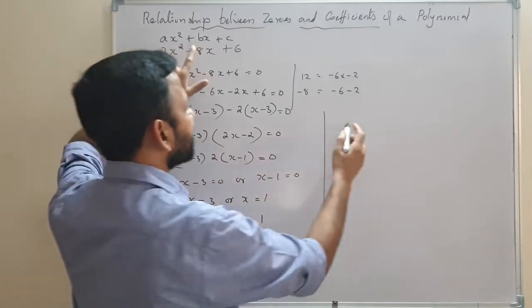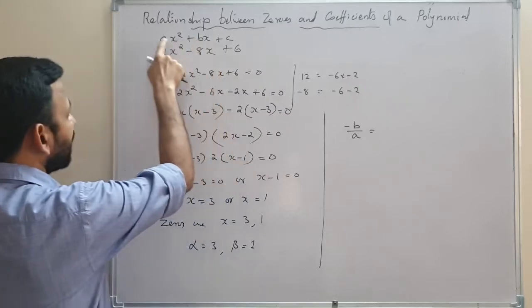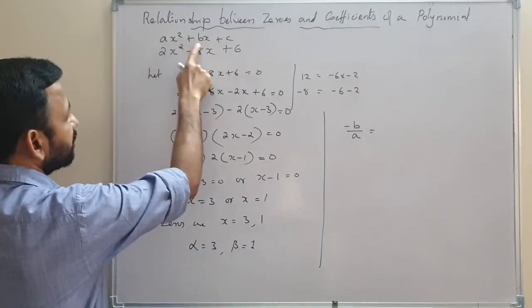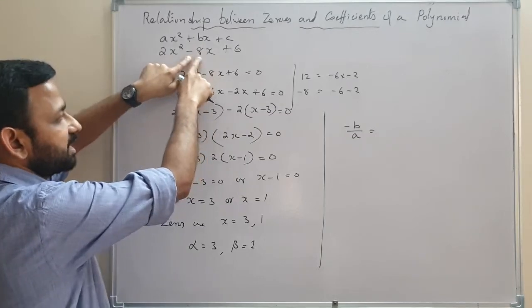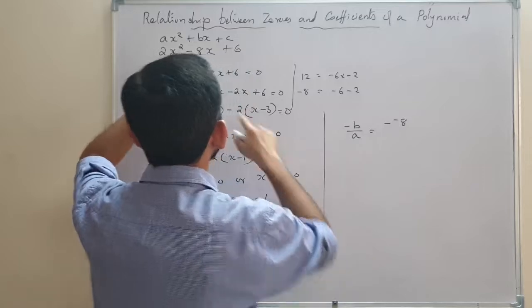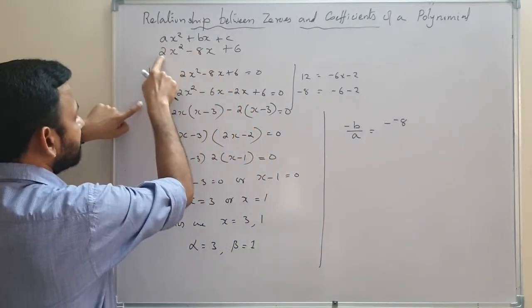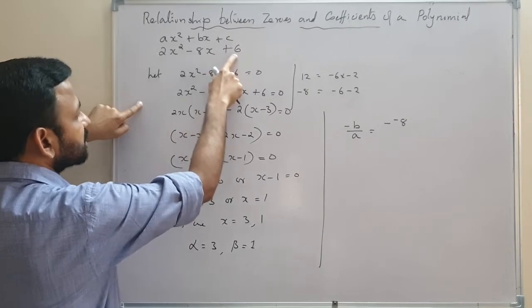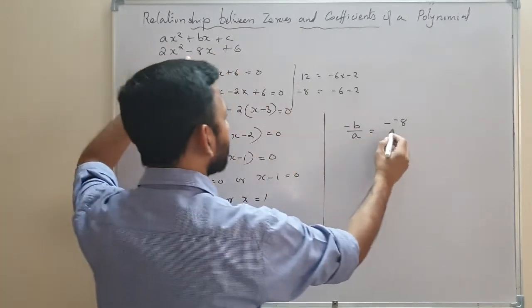Now we are going to find minus b upon a from this polynomial. Here b equal to minus 8, a equal to 2 and c equal to 6. So minus b upon a is minus minus 8 upon a.